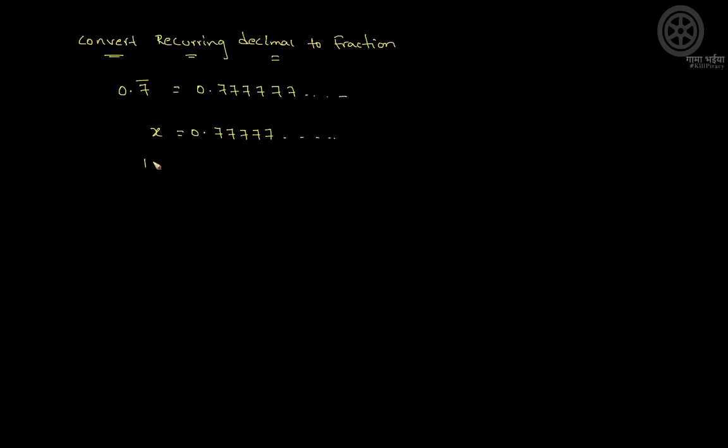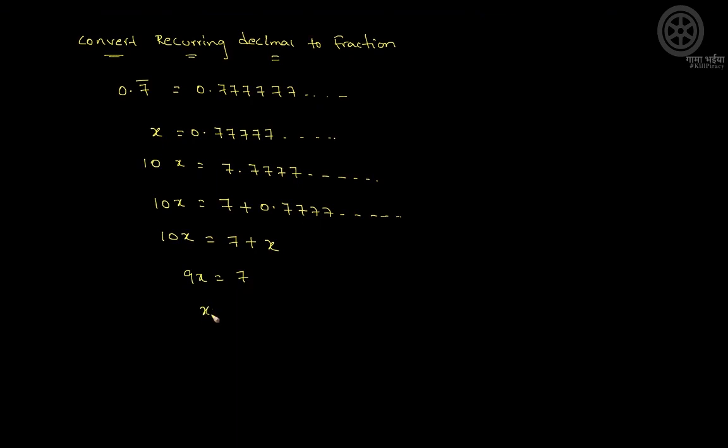If I multiply both sides by 10, then I get 10x equal to 7.7777, so 10x equals 7 plus 0.7777. See here, what we have assumed 0.7777 is x. So 9x equals 7, so x equals 7 by 9.